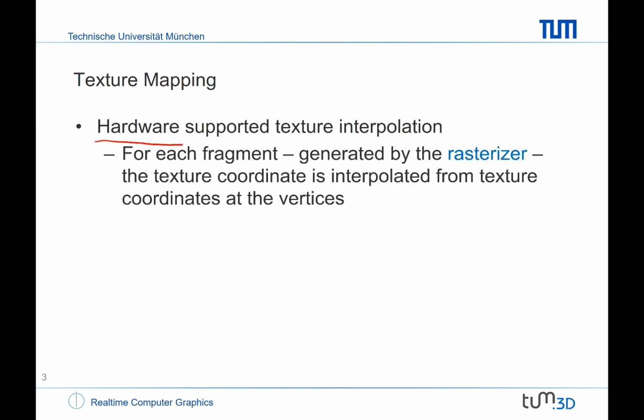Let us look briefly at how texture mapping is performed. For each fragment that is generated by the rasterizer, the rasterizer interpolates the texture coordinates which are specified at the vertices and assigns the interpolated texture coordinate to the fragment.